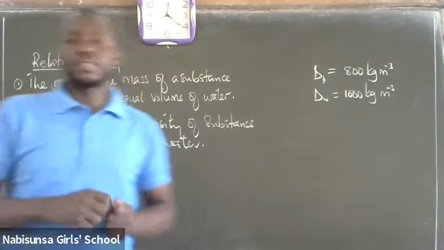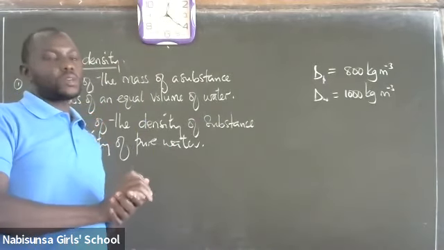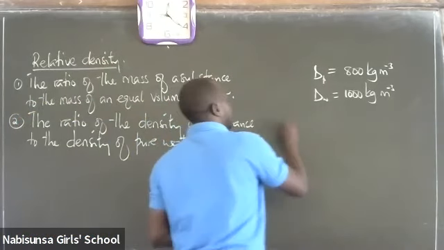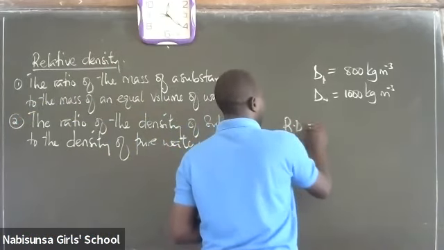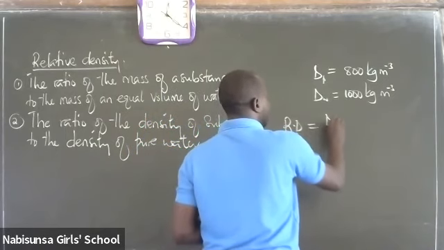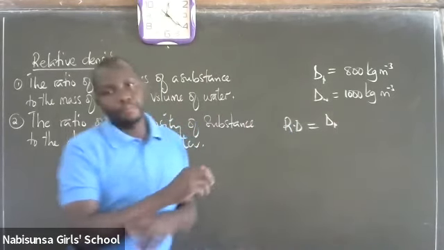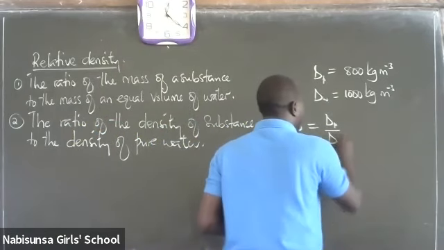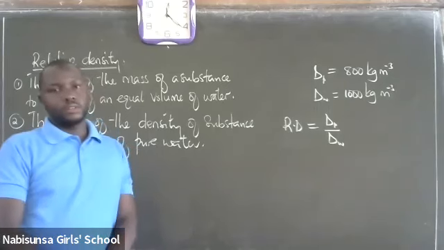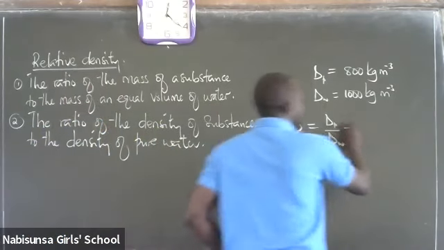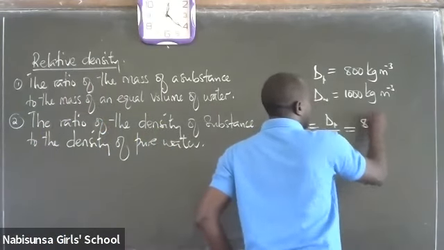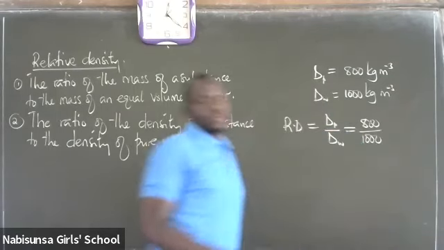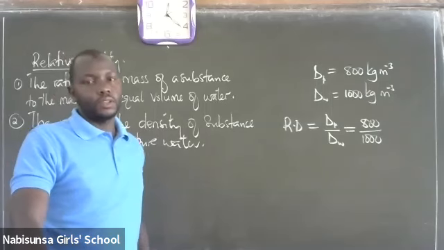Supposing we know the densities of the two different substances, water and the other substance under consideration, then the relative density is the density of that substance, in this case paraffin, divided by the density of pure water. And in this case, this would mean 800 divided by 1,000. Are we together?